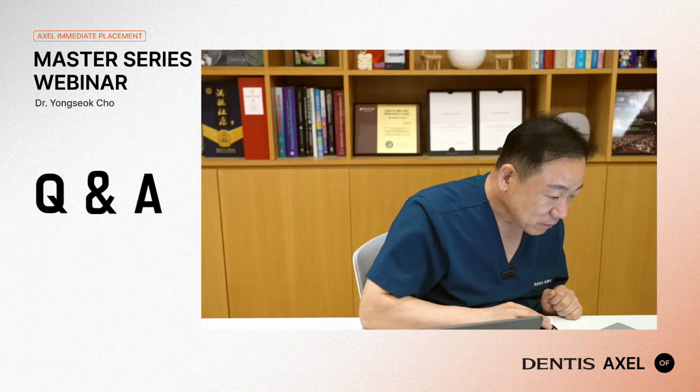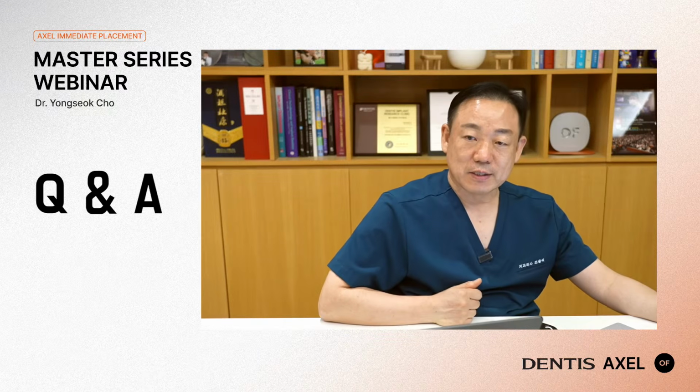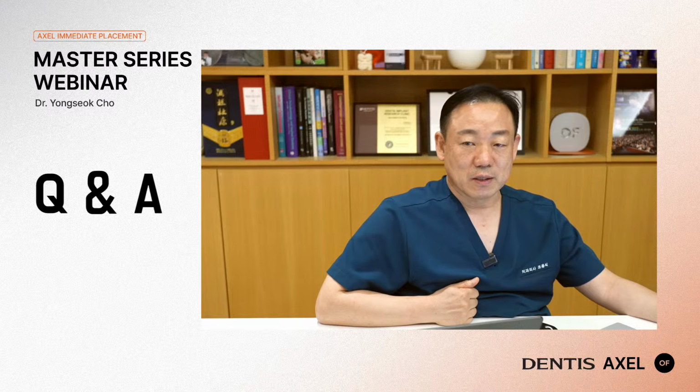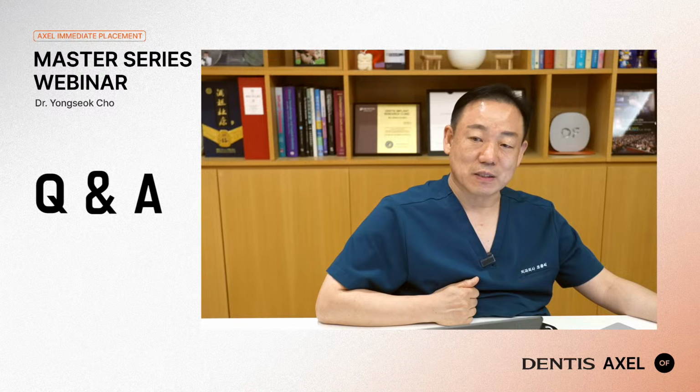Another question. I placed a 7.5 millimeter short implant after using a long drill. As a result, the depth was 16 millimeter. Then, is it difficult to get primary stability using such a short implant? Yes, that's true. But when I place the implant deep enough, I can still get stability.